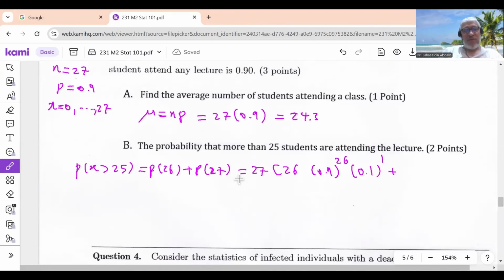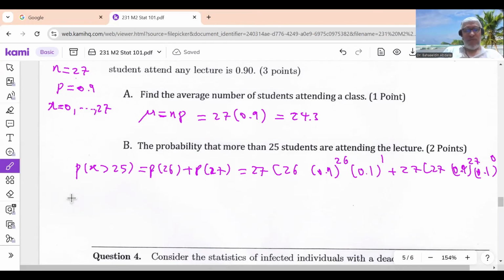Plus, this is the probability of 26. Probability of 27 would be 27 C 27 times p, which is 0.9 to the power 27, 0.1 to the power 27 minus 27, which is 0.